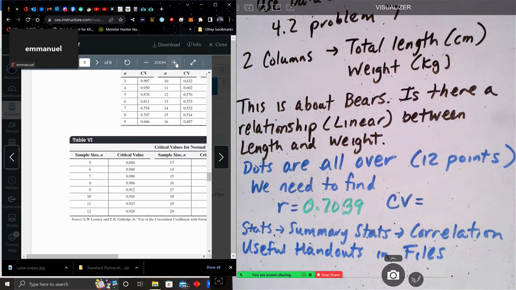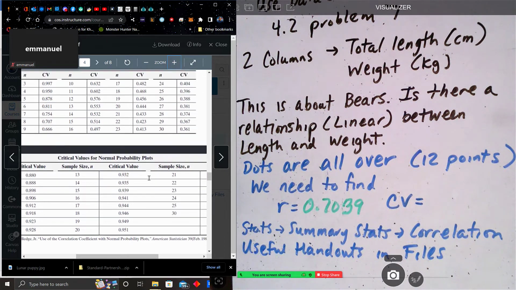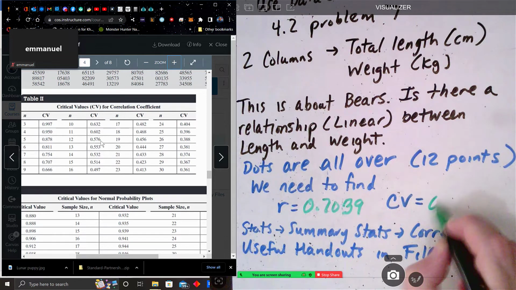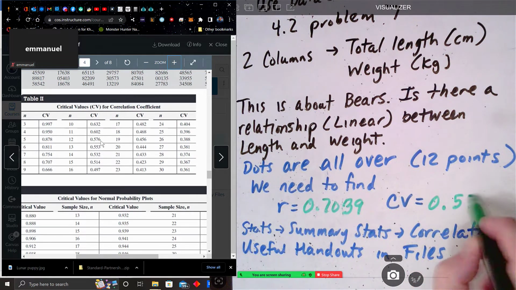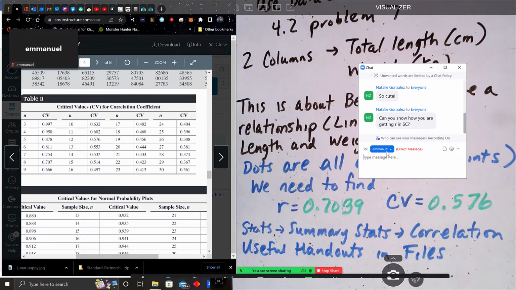Maybe I can zoom in a little bit closer so you can see it a little bit better. 0.576.